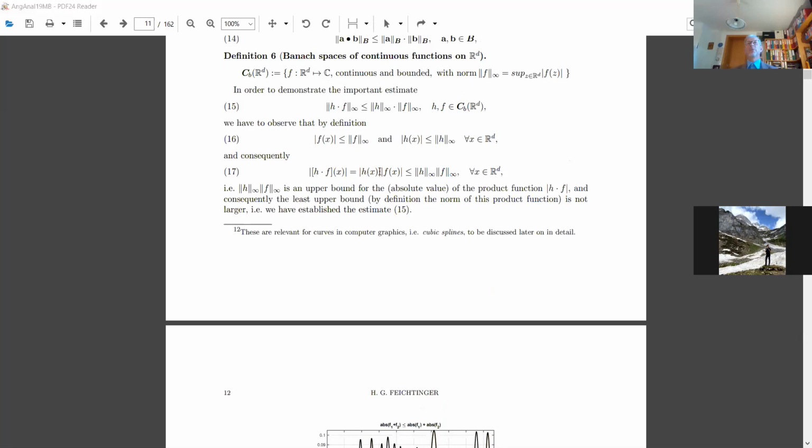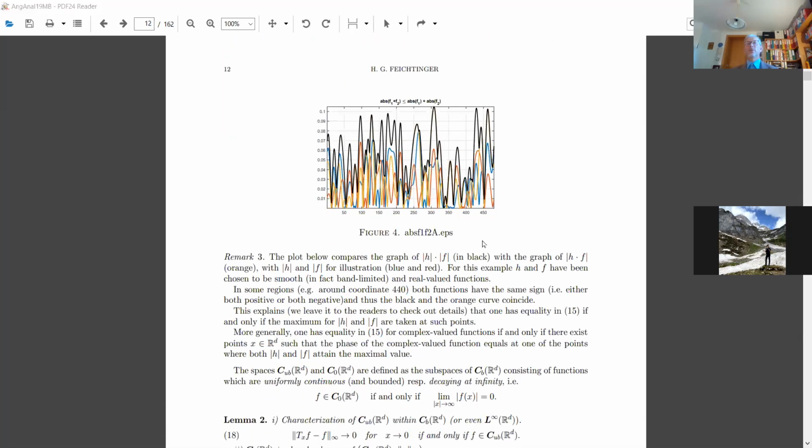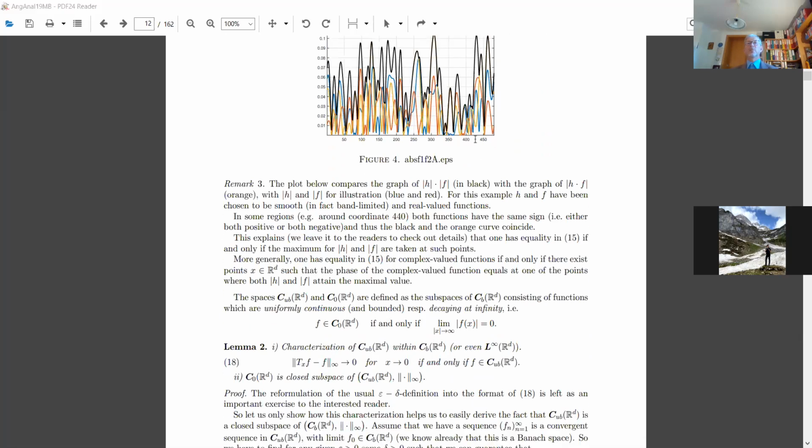So it may happen that you have some particular value x0 where f and h take a maximal value. Recall, if you take a plateau function, f may take the maximum at many points. If one of them is also a maximal value of h, then you will have equality here. Otherwise, you're having an effect, which I tried to illustrate here. Read carefully the text, and I will probably also correct that later on.